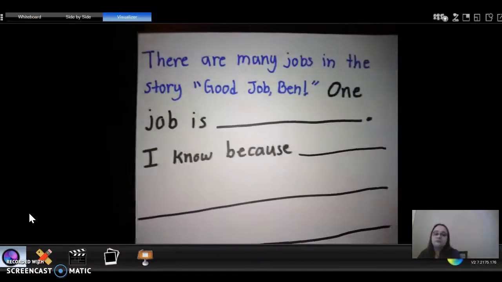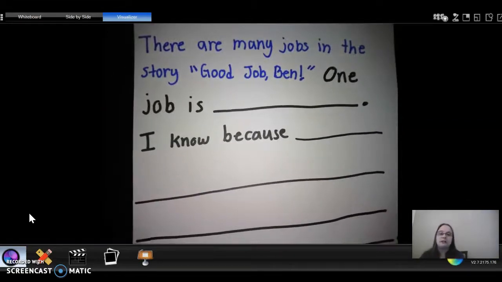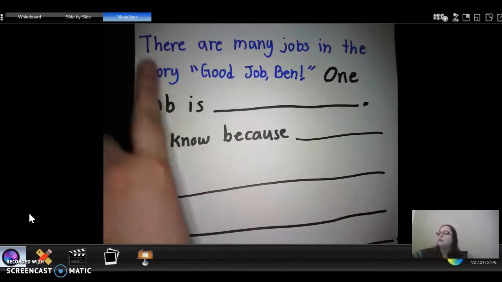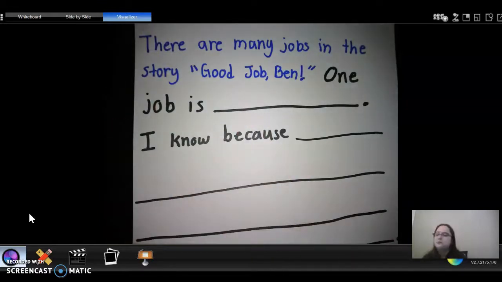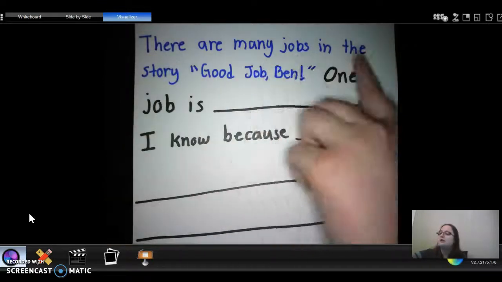So friends, we are going to write today, and we're going to start with a topic sentence. And friends, a topic sentence just tells us what our writing piece will be about. So our topic sentence is in blue, and I provided that for you. It says, there are many jobs in the story.